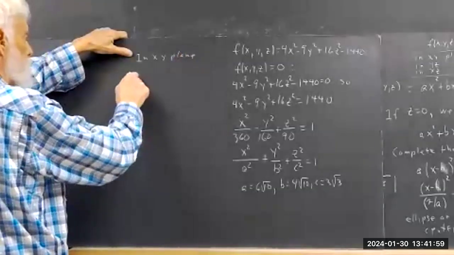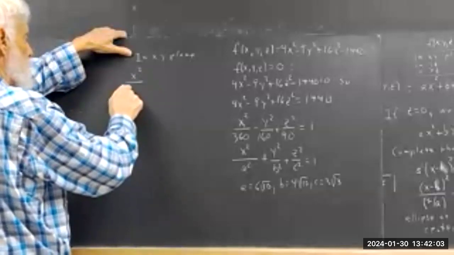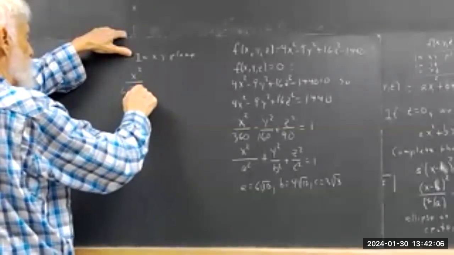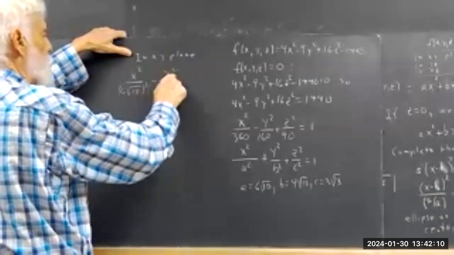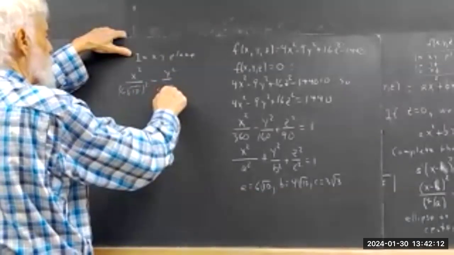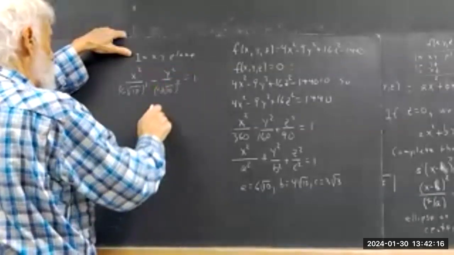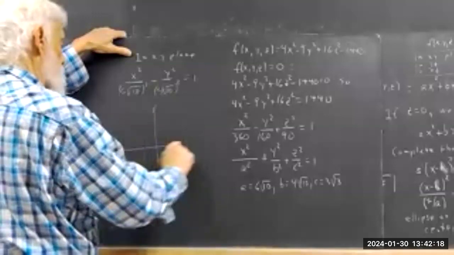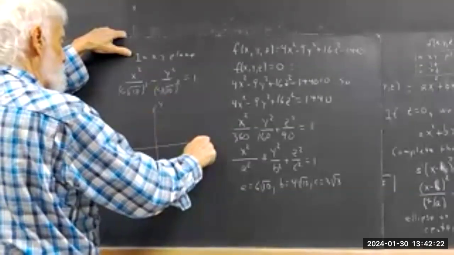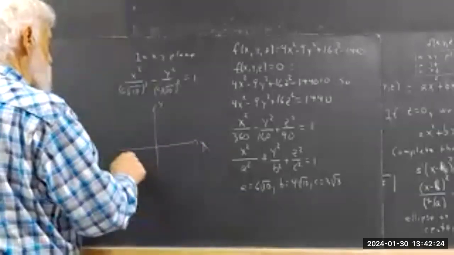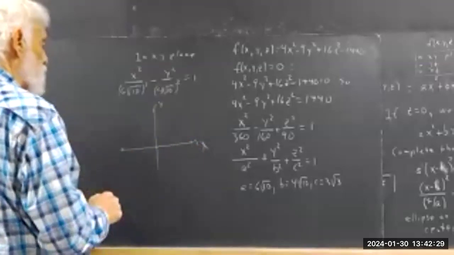You have x squared over 6 square root of 10 squared minus y squared over 4 square root of 10 squared equals 1. Well, this is x and this is y. Then in the x direction, you got 6 square root of 10 and minus 6 square root of 10.